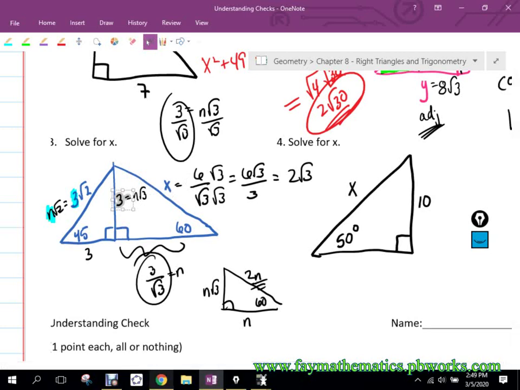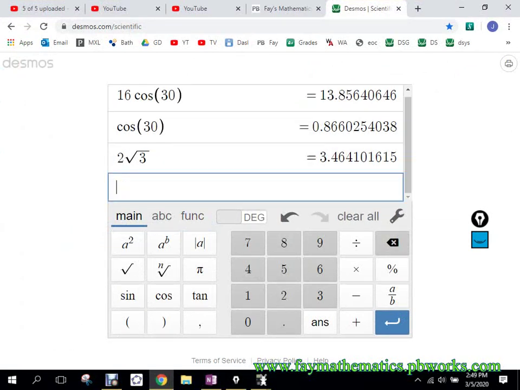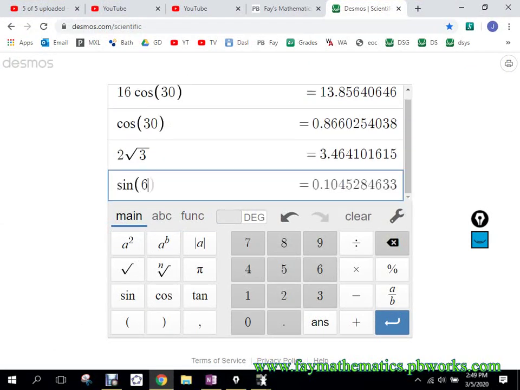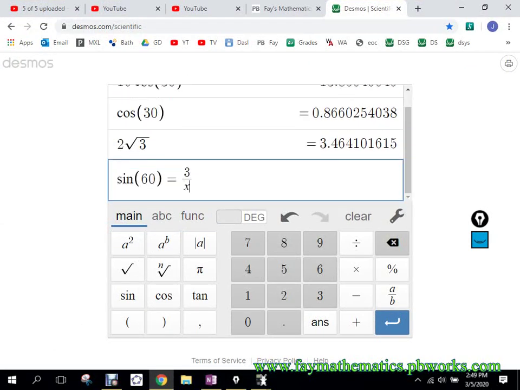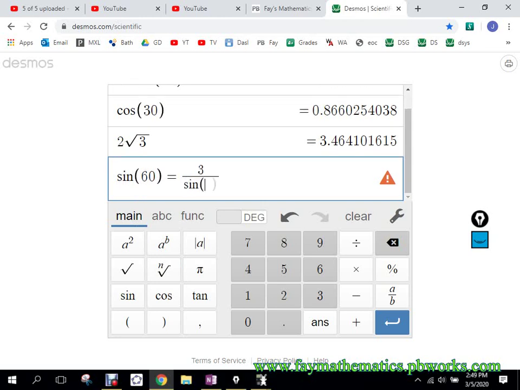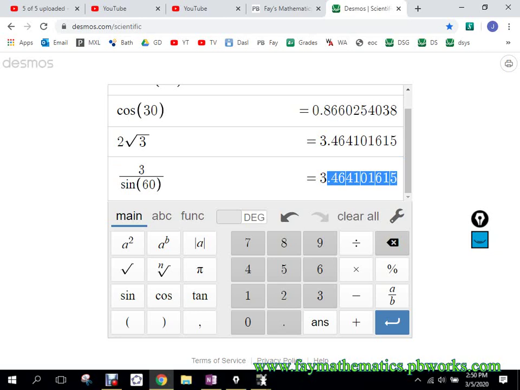Okay, so if I go sine of 60 equals 3 over x, to solve that for x, the sine of 60 and x actually switch spots. So I'm going to type in sine of 60 here, and then this would be x. Does that number there end up being the same thing as the 2 radical 3?